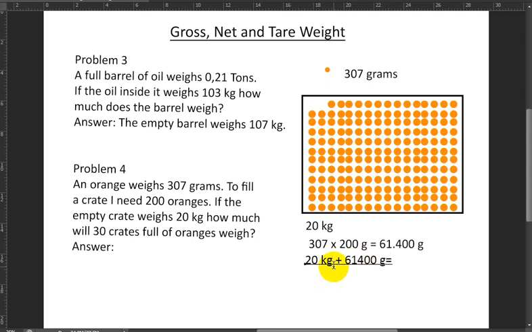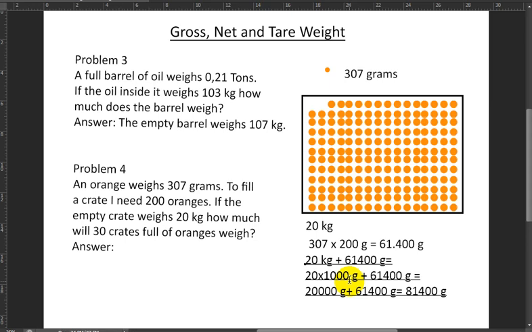To make kilograms into grams, I need to multiply the number by 1,000. So I'm going to get 20 times 1,000 plus 61,400 grams, and this is also in grams. 20 times 1,000 gives us 20,000 grams plus 61,400 grams.